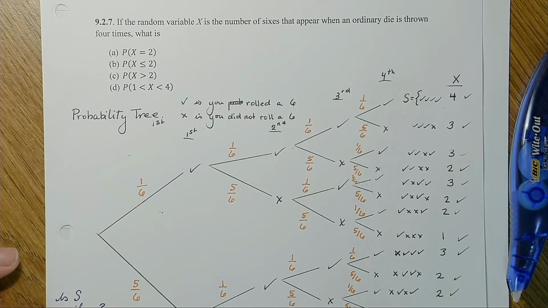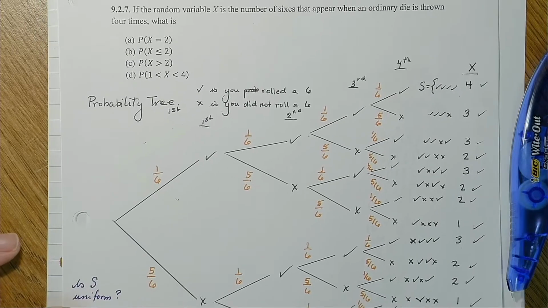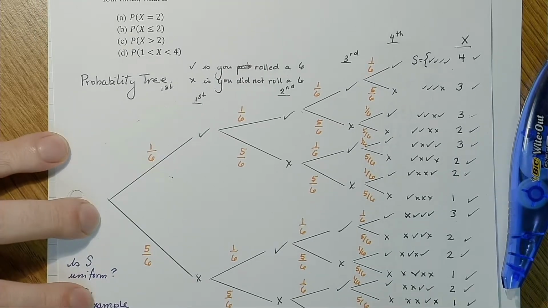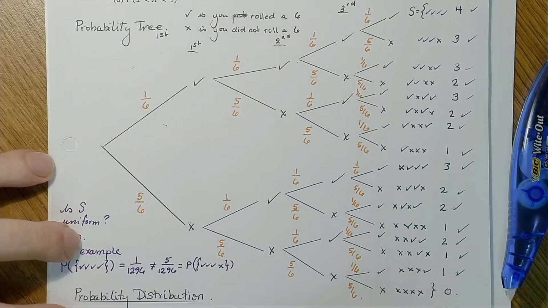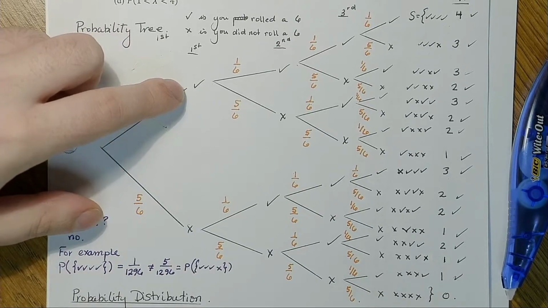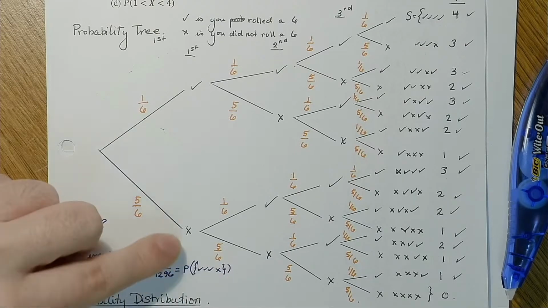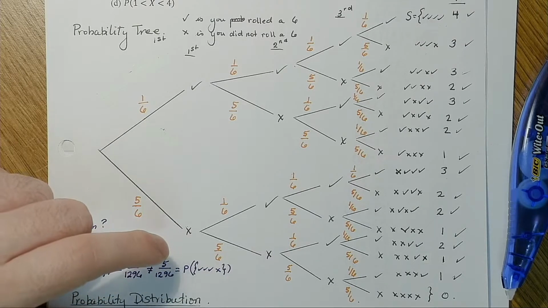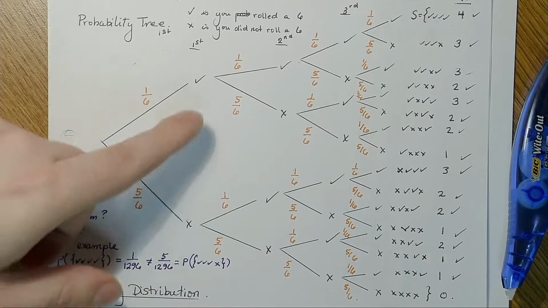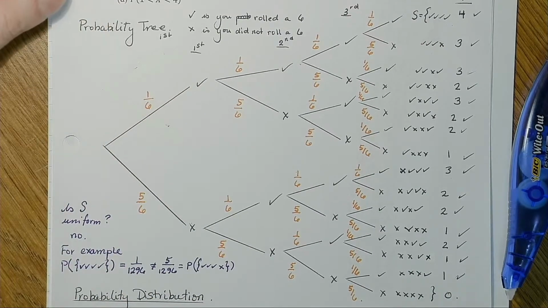We saw that there were two outcomes for this. We wanted to roll a 6, or we failed to get a 6. So there are our two outcomes.